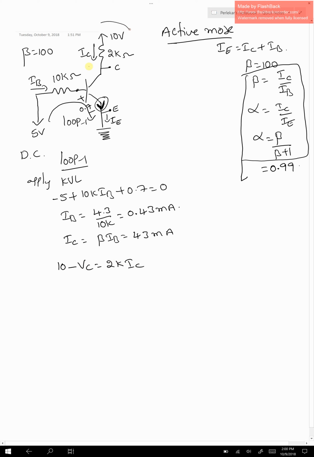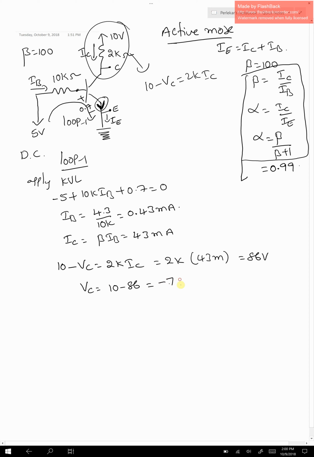I already know IC, which is 43 milliampere. So 2k times 43 milli, you will end up with 86 volts. So VC equals 10 minus 86, which is minus 76 volts.